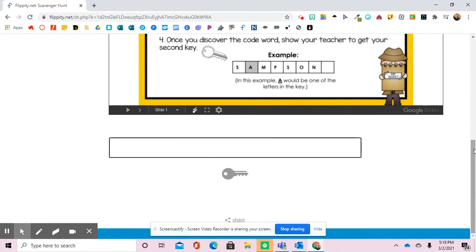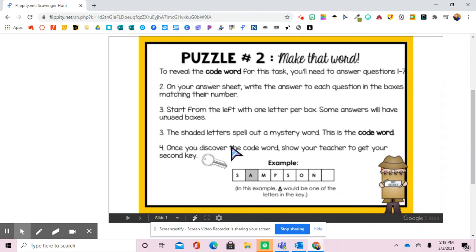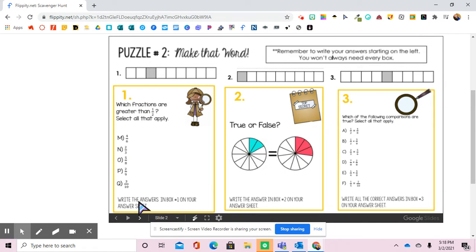For the second one, it's asking them to figure out, these are a little tricky because it's which fractions are greater than 1/2, select all that apply. They're not trying to make a word with this. They're finding all of the shaded boxes, and those together are going to form a word.